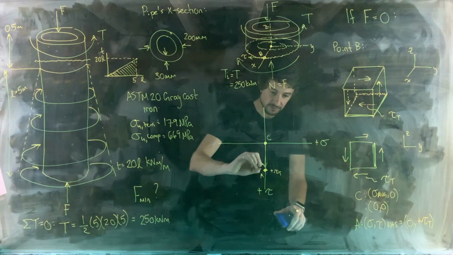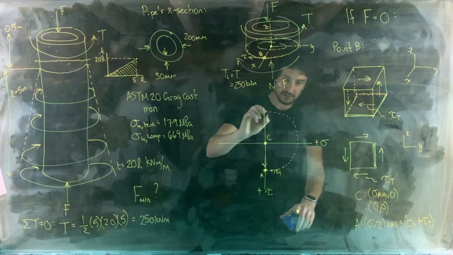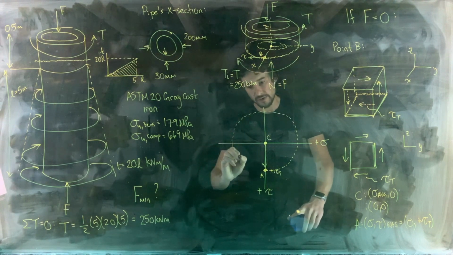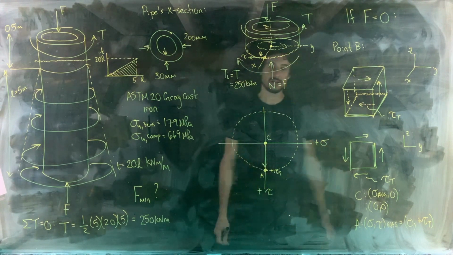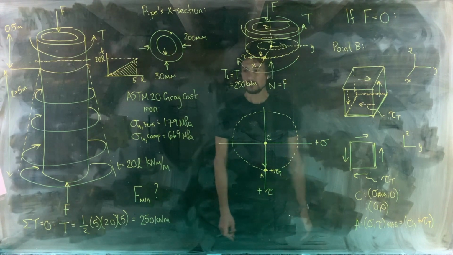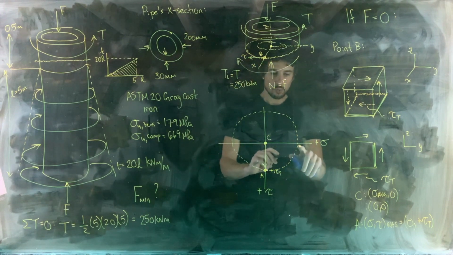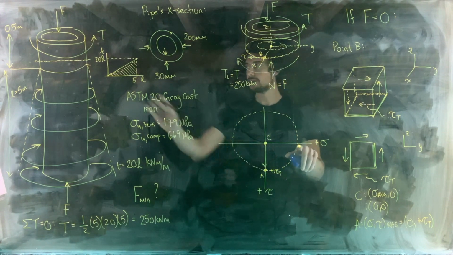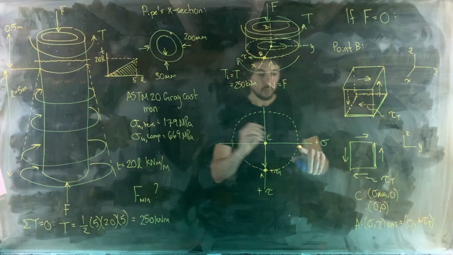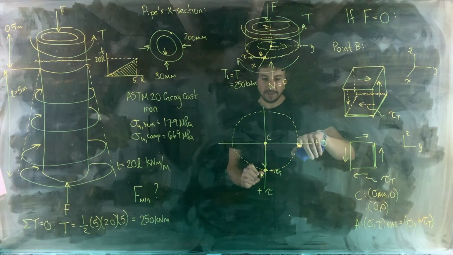Then I'm going to do a similar thing. I'm just going to draw this as a dotted line because we're going to discuss how this changes when F is not equal to 0. In this situation, because there's a torque being applied, we've got a fairly large tensile stress that develops.